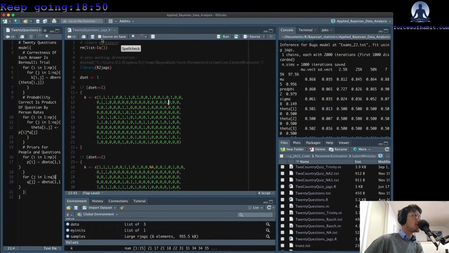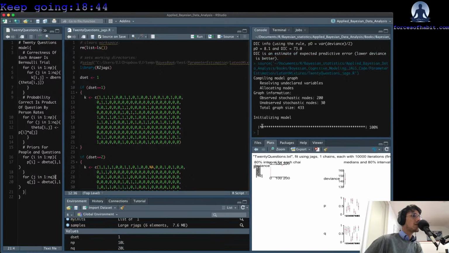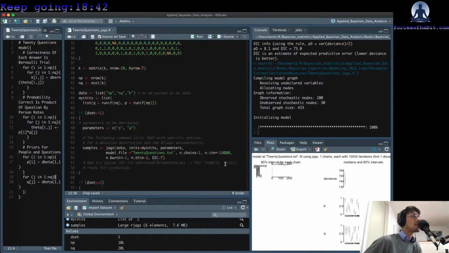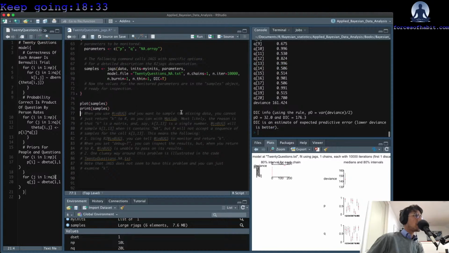Let's see what the code does. Nice. Runs. We get these, and then print symbols as well. Okay. When you use WinBUGS and you want to sample missing data, you cannot just return K to R as you can with MATLAB. Most likely the reason is that K is a matrix and, say, K13 is a single number. WinBUGS will sample K13 when it contains NA, but R will not accept a sequence of samples K13. This means the following.